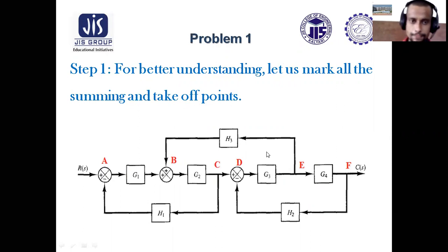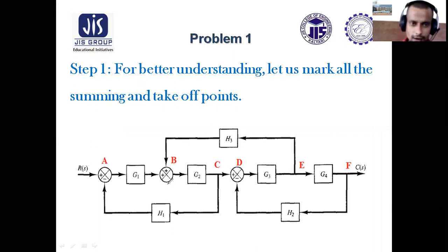Now, from this block diagram, it can be clearly seen that, as I said, for block diagram reduction, sometimes it is necessary to shift summing points before a block or after a block. Sometimes it is necessary to shift takeoff points before or after a block.